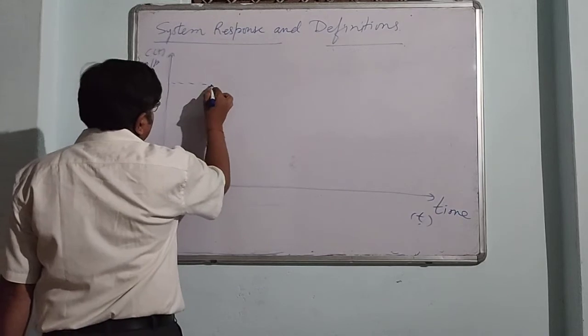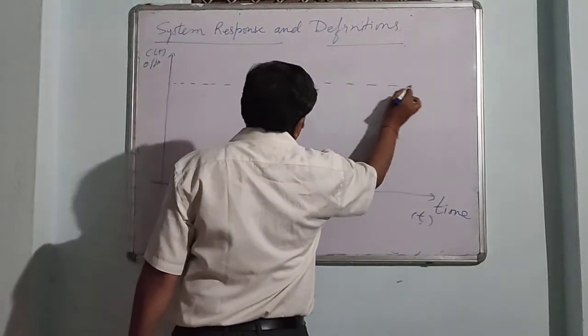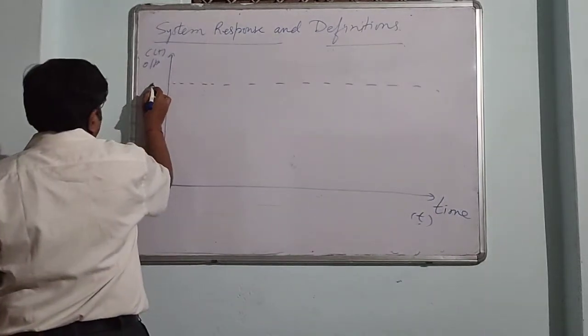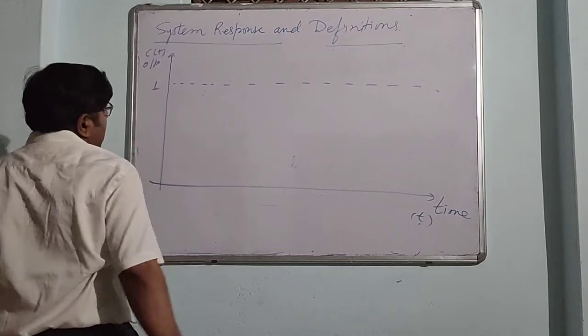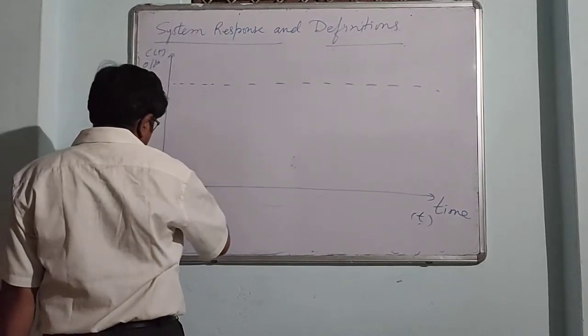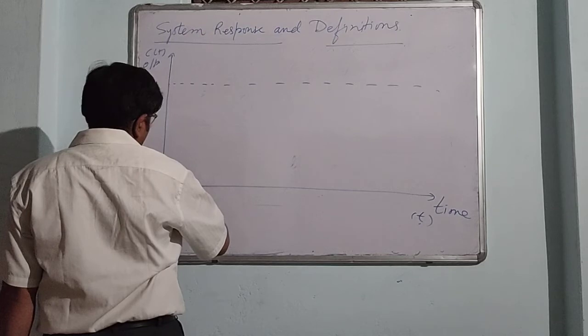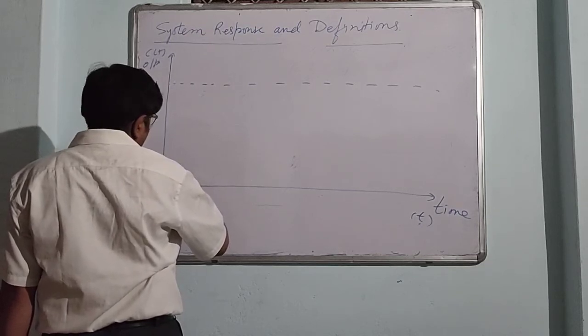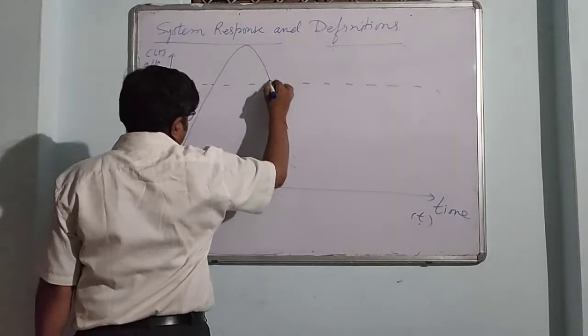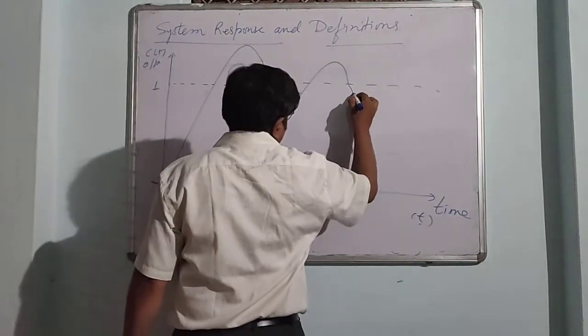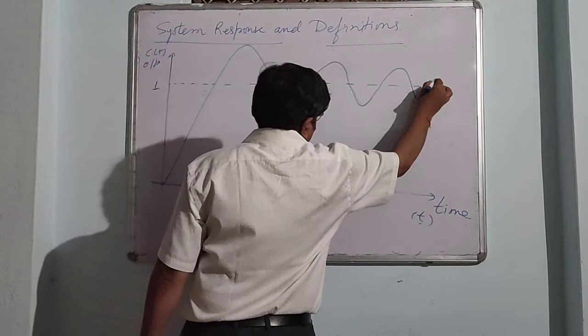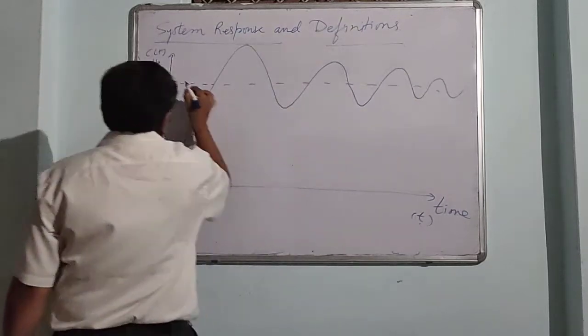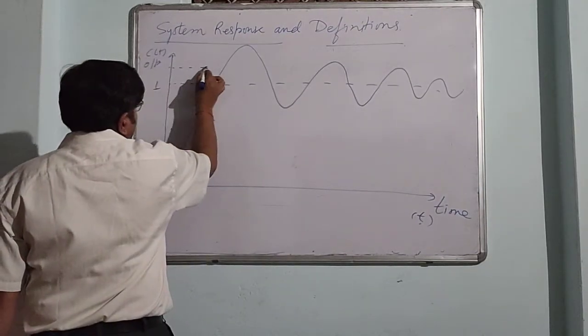Suppose the final output is represented by 1 and we have output like this, and after some time it decays. Suppose we have limits.